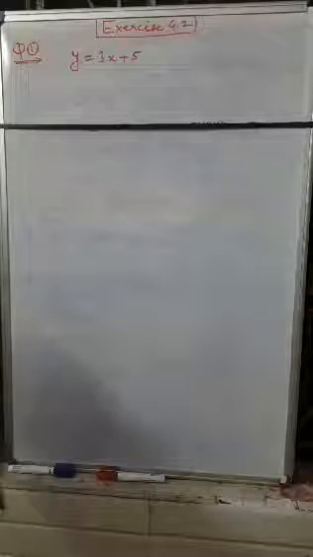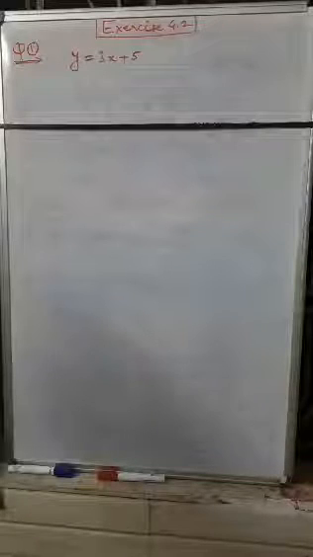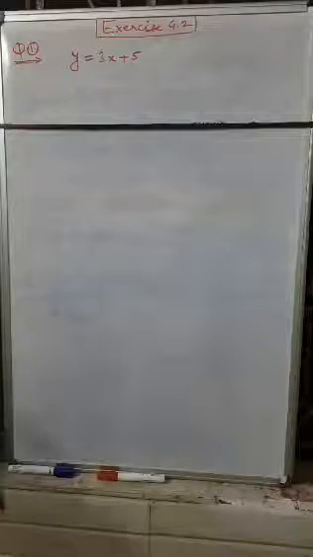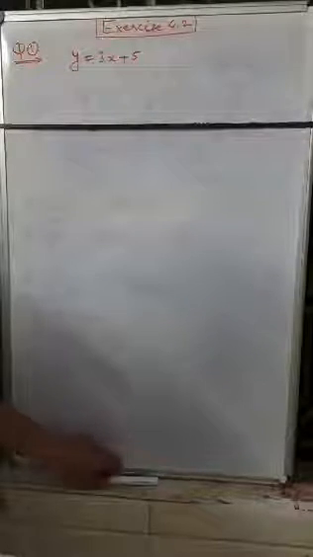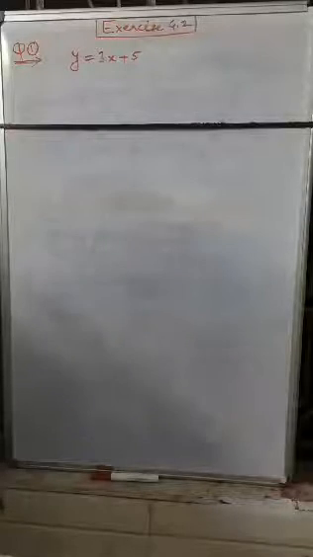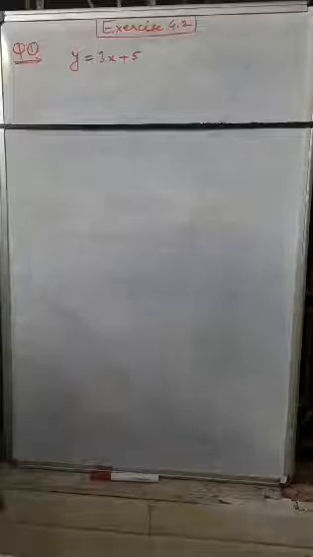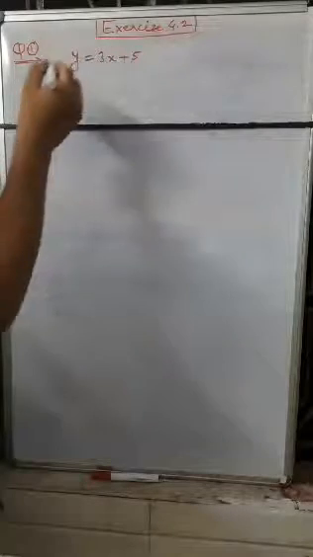Question number 1: y is equal to 3x plus 5 has a unique solution, only 2 solutions, or infinitely many solutions. So how many solutions are possible for y is equal to 3x plus 5? Here we get infinitely many solutions if we put values.